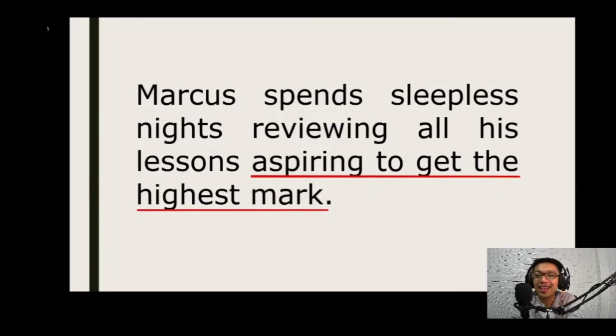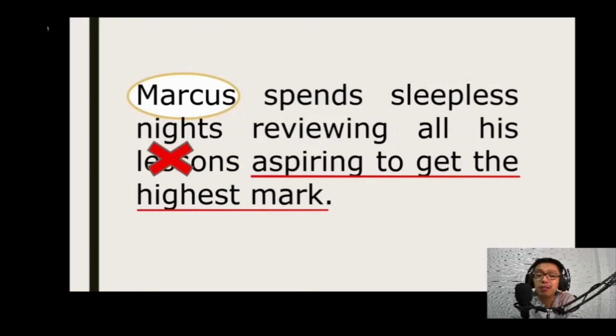So it is a misplaced modifier because it doesn't modify or describe the correct word. In this sentence, it is as if this modifier is describing or modifying the word lessons, which is not supposed to be. It should be Marcus. The problem is Marcus is too far away from the modifier.